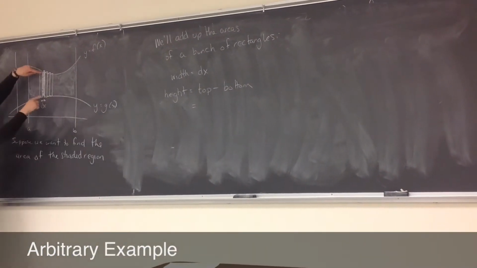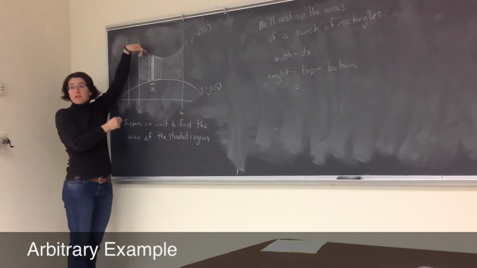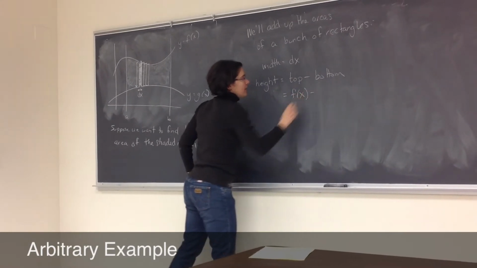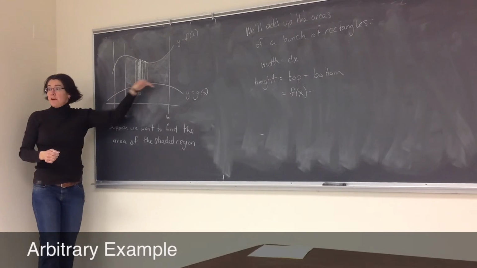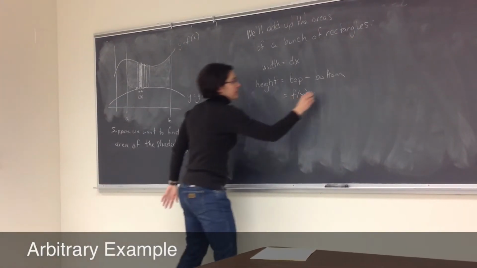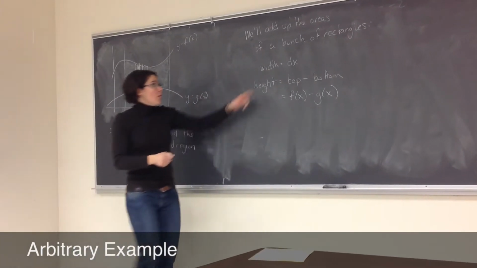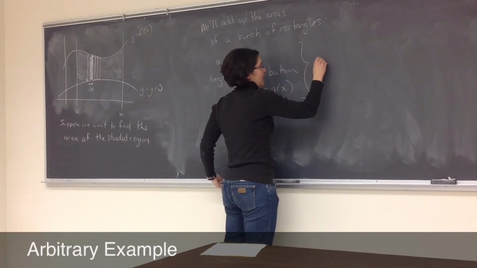Which, in this case, on this rectangle, that top rectangle is sitting on our top function. And our top function in this case is f of x. And the bottom of this rectangle is sitting on this bottom function, on the g of x function. So the width of one rectangle is dx. The height is f of x minus g of x.